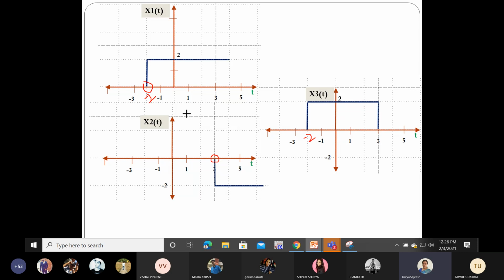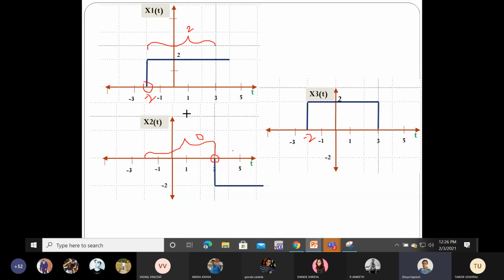If you add these two signals, it will be 2, isn't it? In the second signal, nothing exists from here till here. So it is 0. Whereas in the first signal, the amplitude of the signal is 2 from minus 2 till 3. So 2 plus 0 will be 2 only. So till that interval, the amplitude of your final signal will be 2.